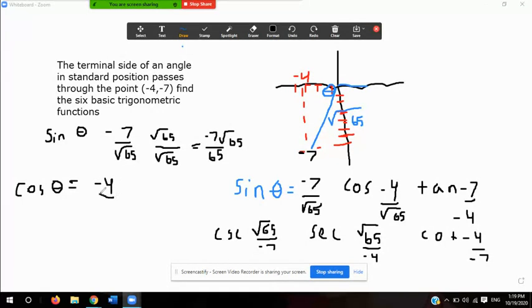The process is very repetitive, and you don't have to necessarily do this at the end. If you're looking for the 6 trigonometric functions, you can do it right away. I'm just doing it because it's easier for me to get the functions and then work with this, but it really makes no difference.